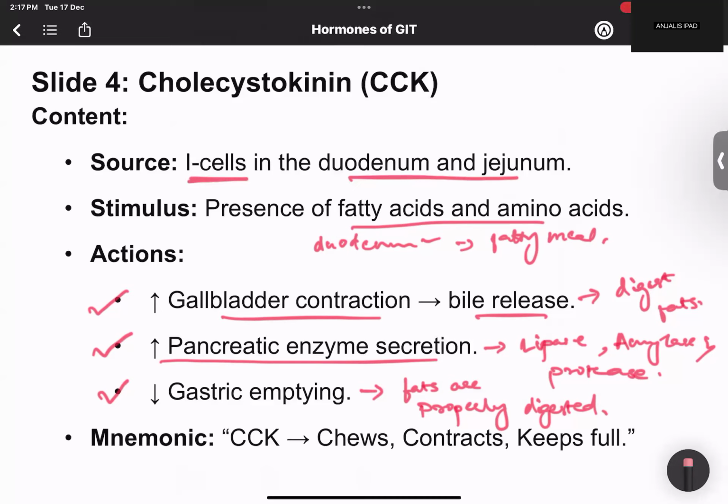All right. Now we have a mnemonic here. CCK: Chews, Contracts, Keeps full.